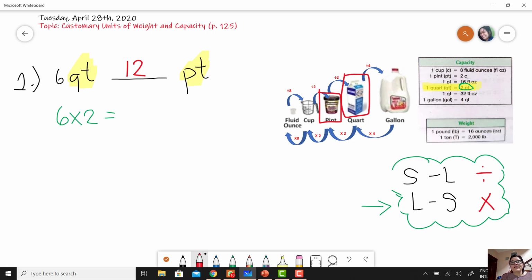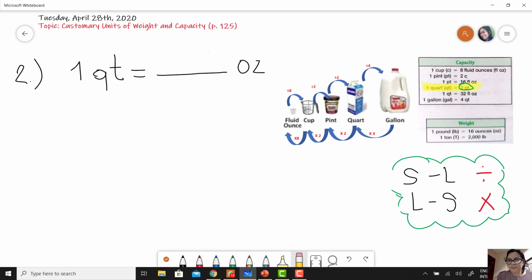Let's solve exercise number 2, but first stop the video, copy the process, and the process is very simple. So in this case, just copy the process in the same book. But if you need more space, use your notebook, okay? So let's continue with number 2. Number 2 is the easiest one, and you're going to see why. 1 quart, how many ounces?